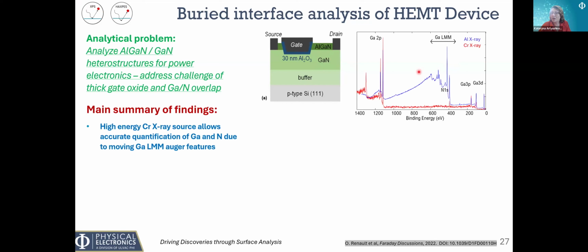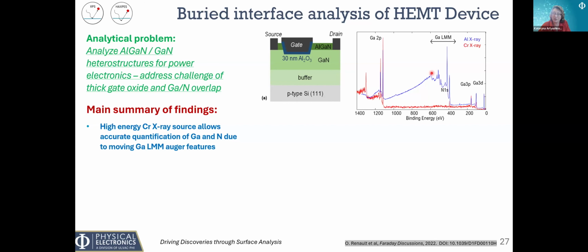If you look at a survey from gallium nitride obtained using an aluminum X-ray source, you can see it in blue, a gallium Auger feature is present right on top where the nitrogen peak is. So if you need to quantify nitrogen or just even confirm whether it's present, you don't have any other peaks from nitrogen in your survey spectrum.